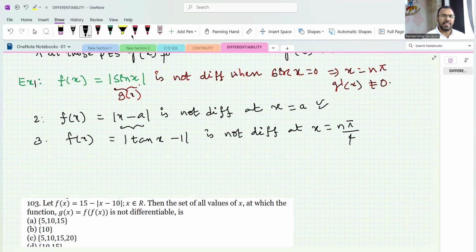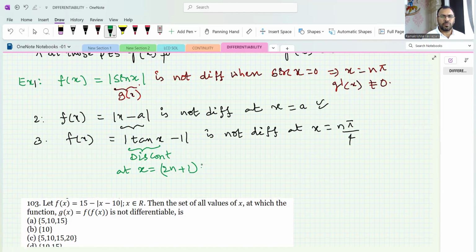So here, this is discontinuous at x equal to (2n plus 1) into pi by 2.